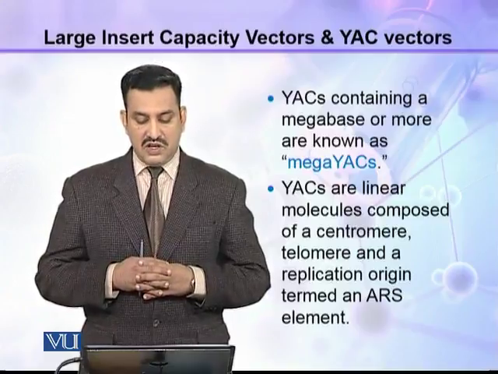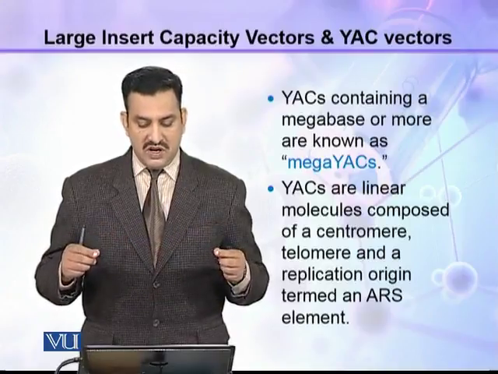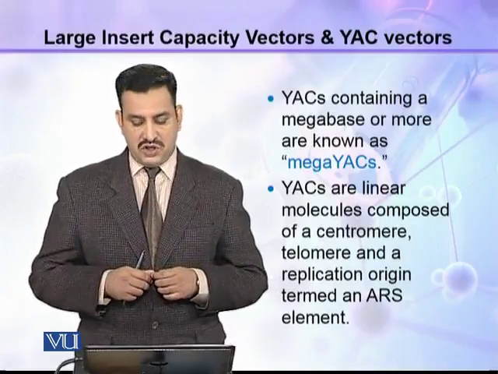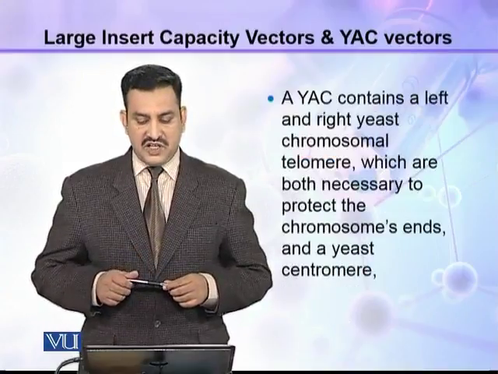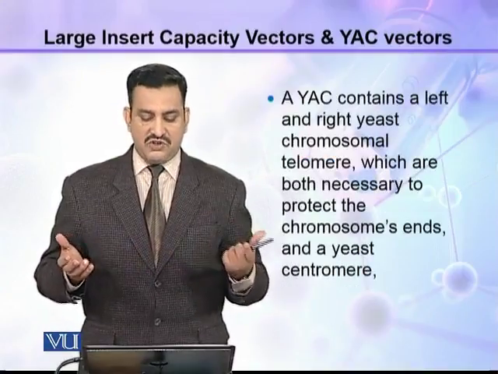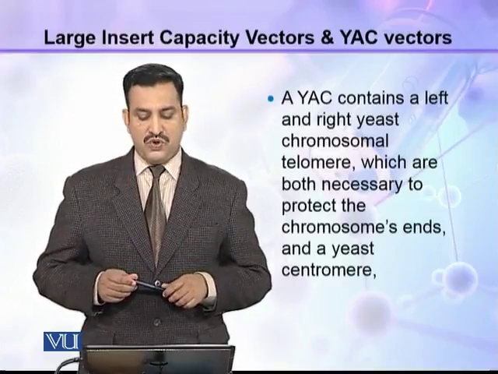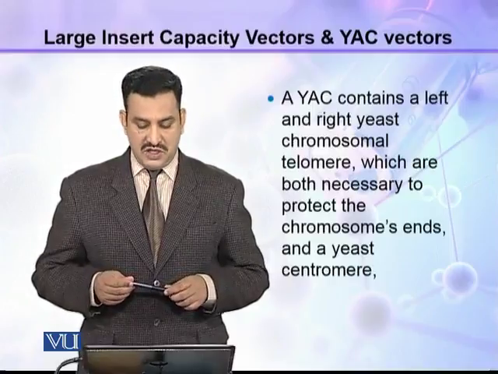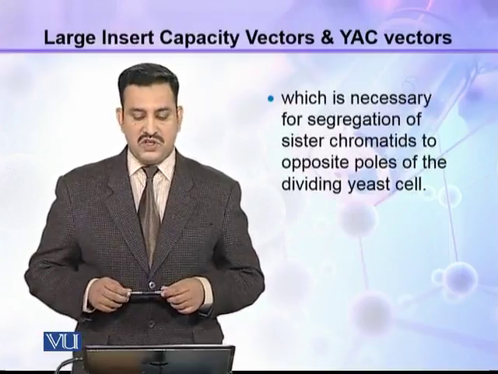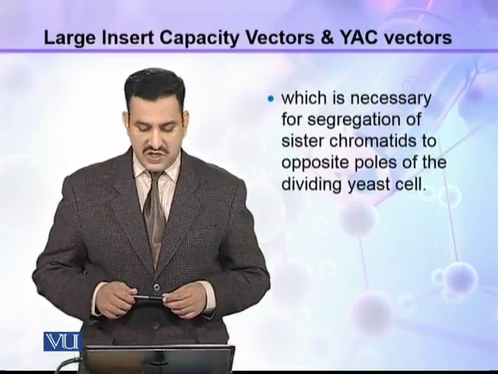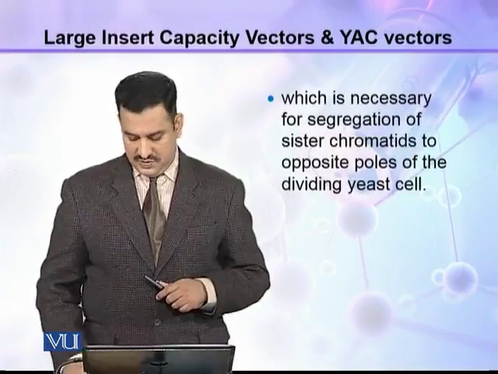YACs are linear molecules composed of a centromere, telomere and replication origin termed as ARS element. A YAC contains a left and a right yeast chromosomal telomere, which are both necessary to protect the chromosome's ends, and a yeast centromere, which is necessary for segregation of sister chromatids to opposite poles of the dividing yeast cell.